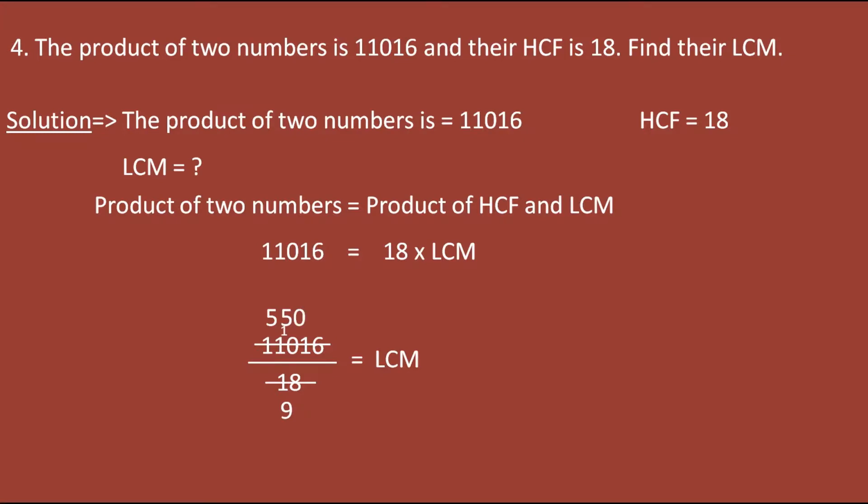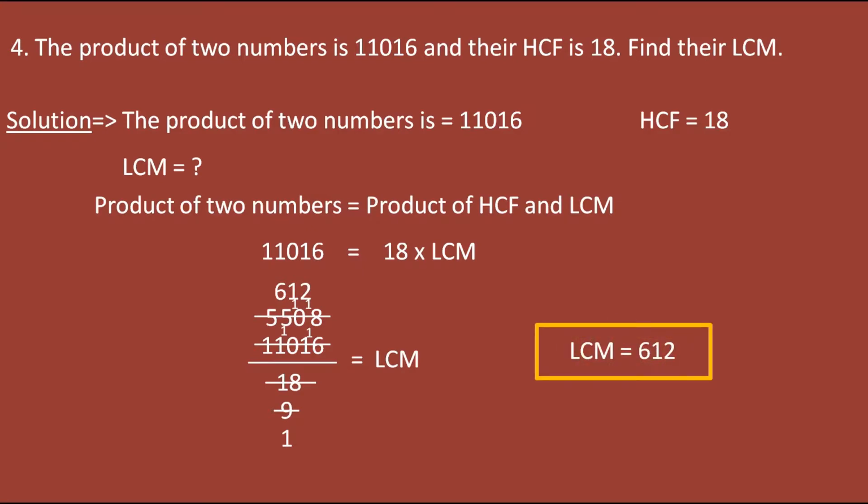Now we got 1 as remainder, then it became 16. 2 8s are 16. Now this number gets divided by 9, so 9 1s are 9 and 9 6s are 54. 1 we got as remainder, so now 9 1s are 9. Again we got 1 as remainder, so 9 2s are 18. Therefore the LCM is equal to 612.